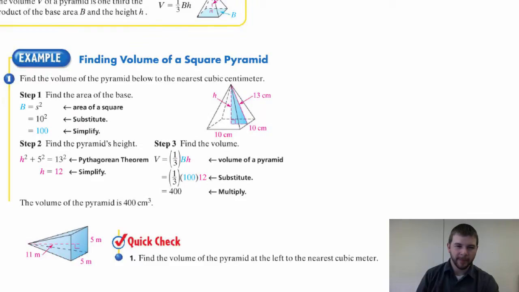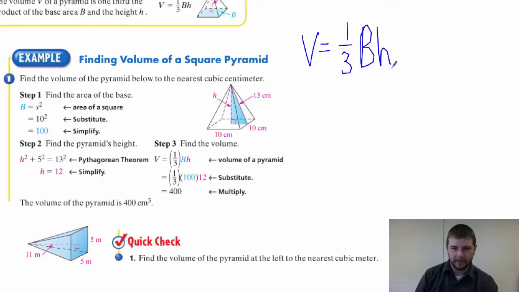Example problem 1, finding the volume of a square pyramid. Find the volume of the pyramid below to the nearest cubic centimeter. To begin, we'll consider the formula for the volume of a pyramid: 1/3 base area times height. And now we'll consider what we know.